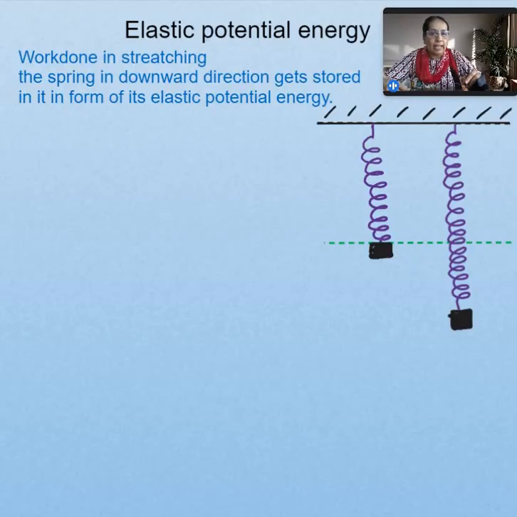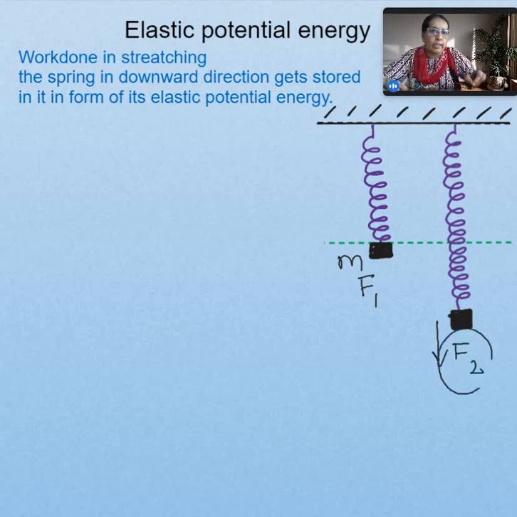Now in case of elastic potential energy, observe a body of mass m is suspended through a spring. Since no force is applied, there is no extension. So in the first case, let the force be F1. But in the second case, this spring is stretched in a downward direction with some force F2.